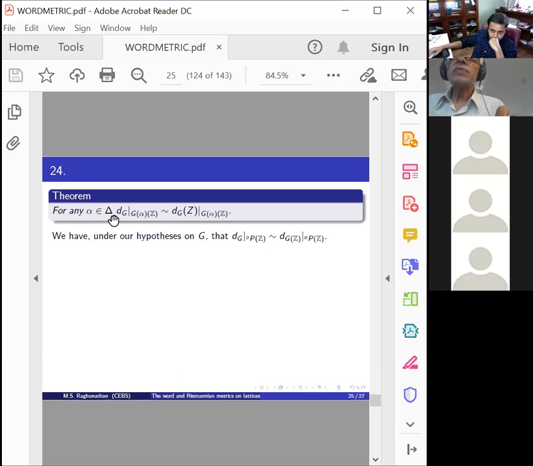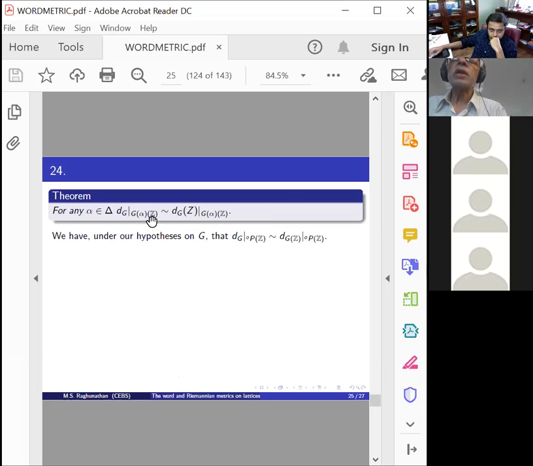For alpha in delta, dg restricted to G_alpha Z is equal to d_{G,Z} restricted to G_alpha Z. Okay. In particular, it will follow that if G itself is of K rank 1 and R rank greater than or equal to 2, then I could have replaced this G_alpha Z by GZ here.